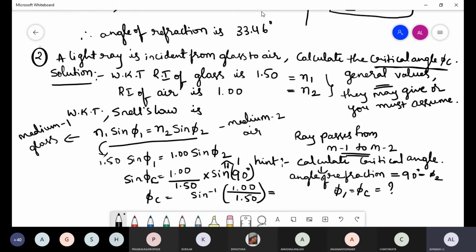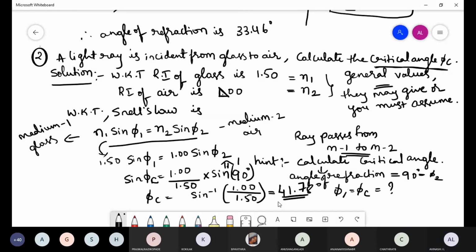So it will come around 41.78 degrees. Write down. I was waiting for your answer, but nobody has responded. Write down 41.78 degrees.